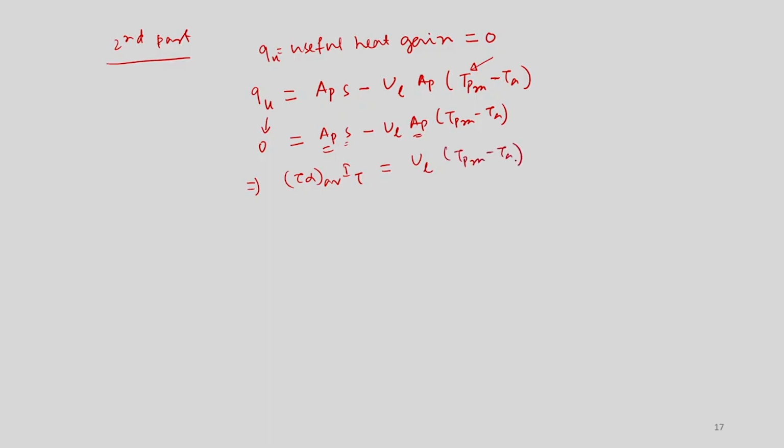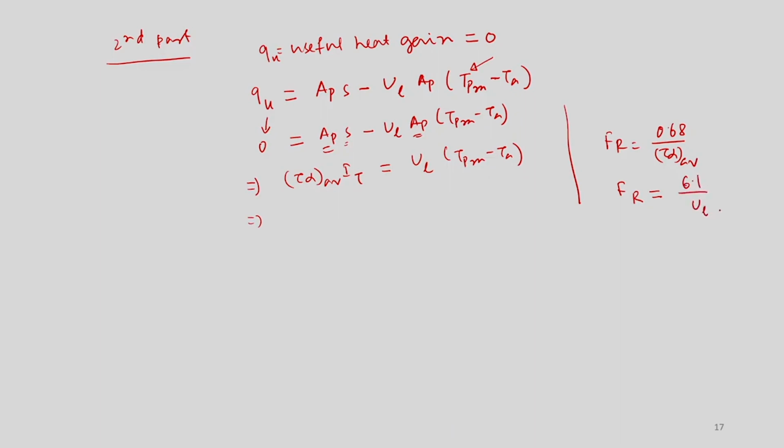Okay, so we can calculate this now. We already know FR is 0.68 by tau alpha average, and we can also solve this independently as 6.1 by UL.